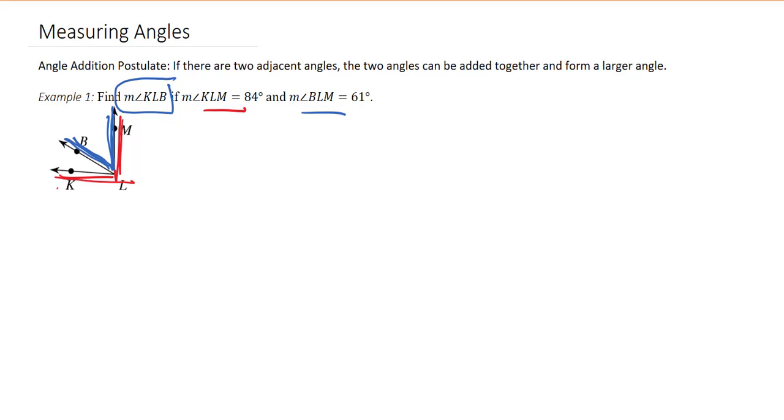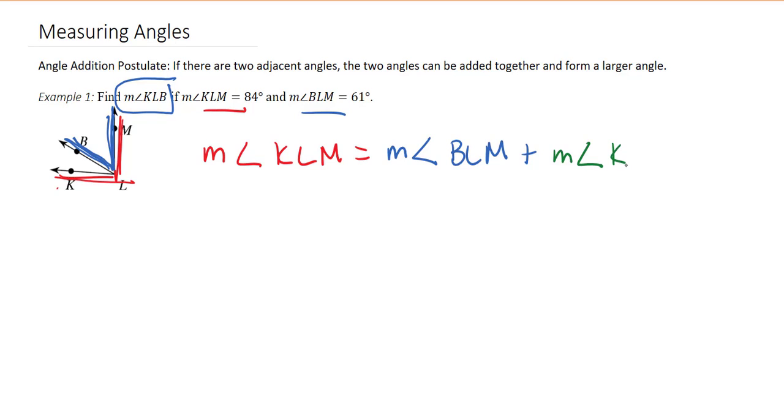Well, by the angle addition postulate, we can set this all up. So we know the larger angle is equal to the two smaller angles. So we would just go ahead and add these, plus the unknown, which is going from KLB.